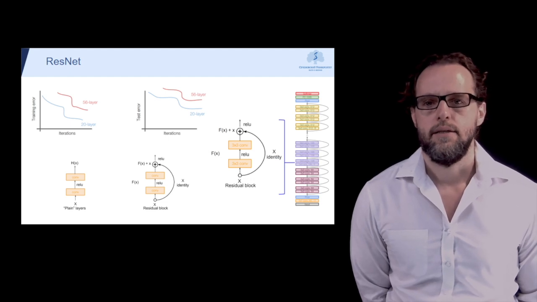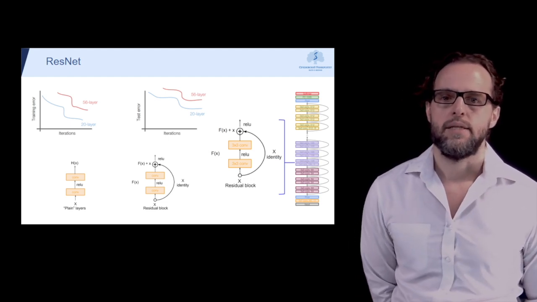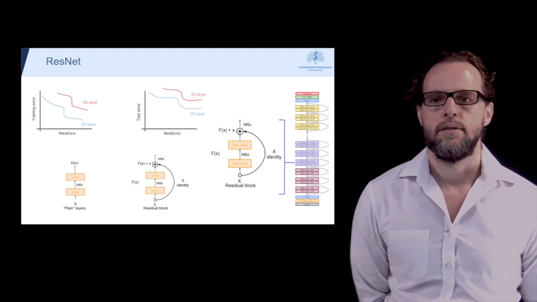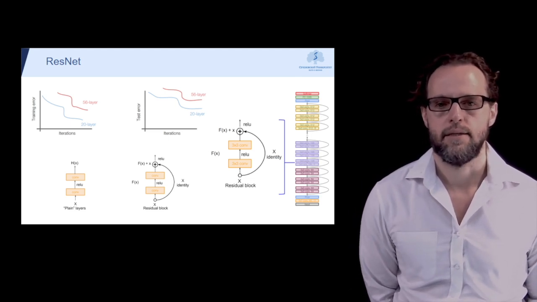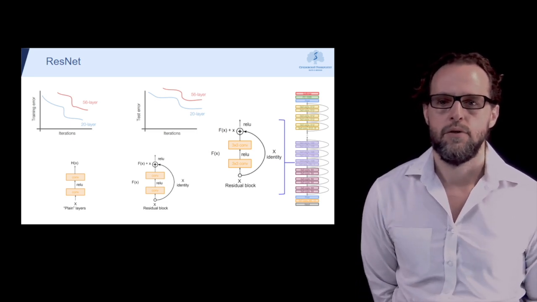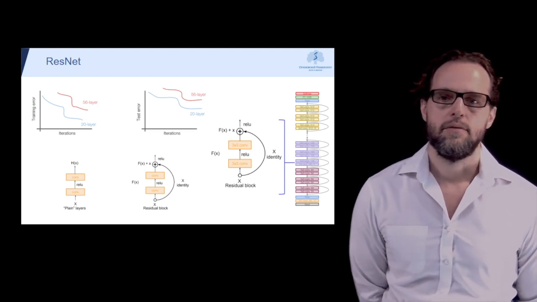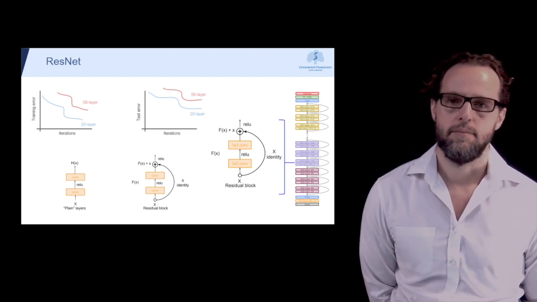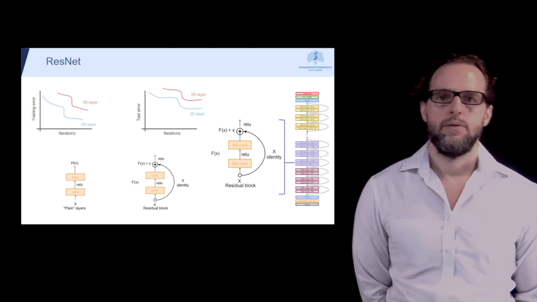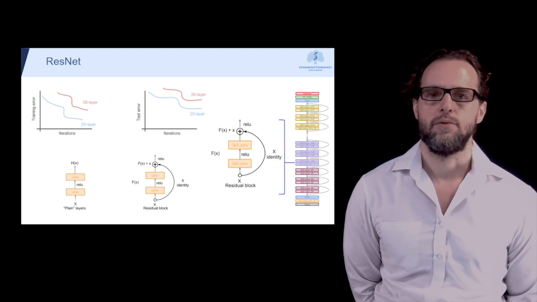Then they decided not to stack layers on top of each other to learn the mapping of the desired function directly, but to use residual blocks, which try to fit this mapping in parallel. So ResNet became the first residual neural network.